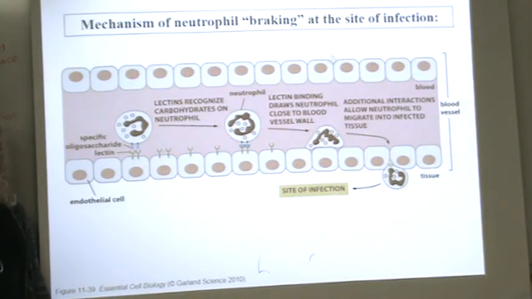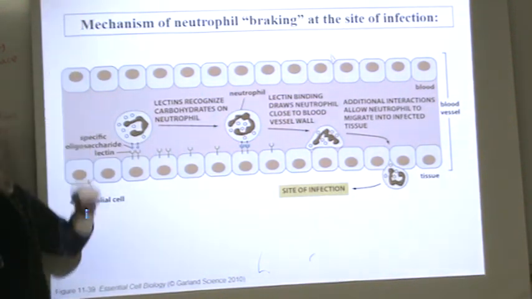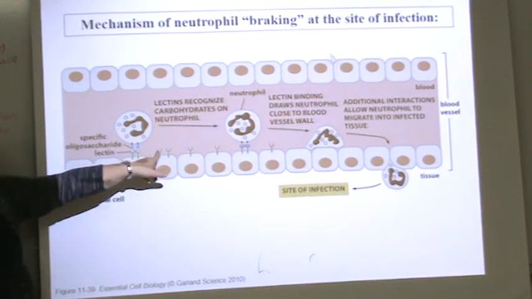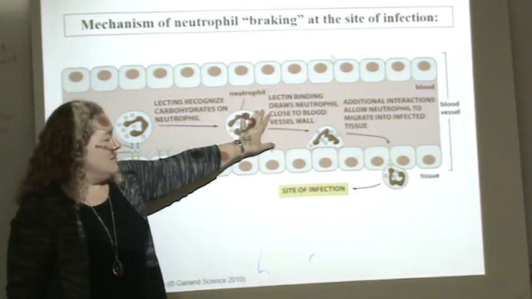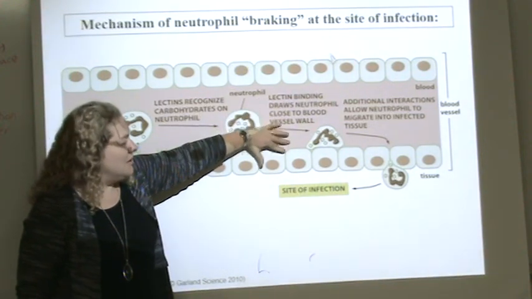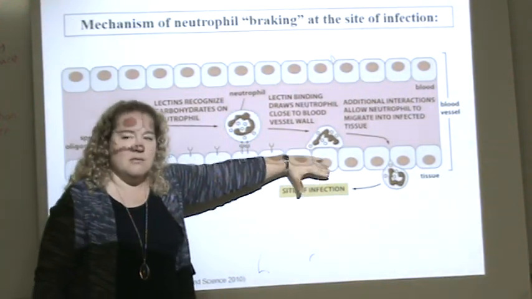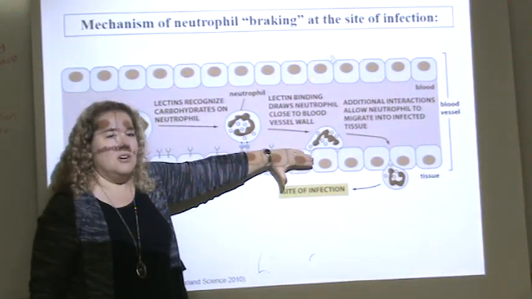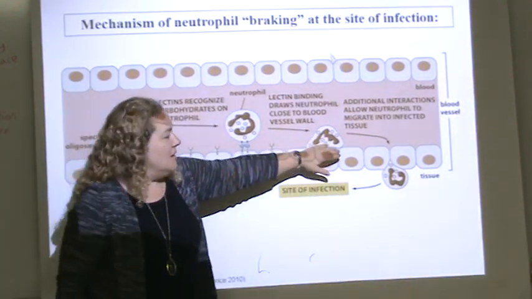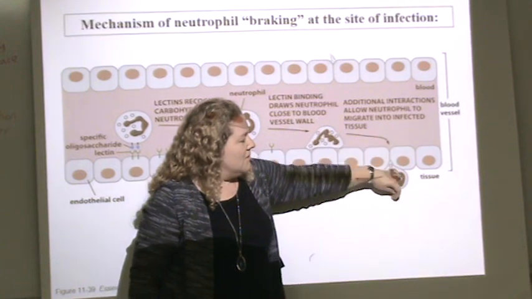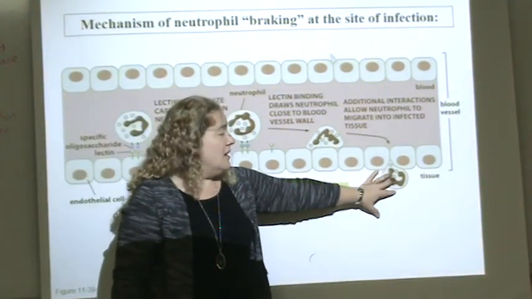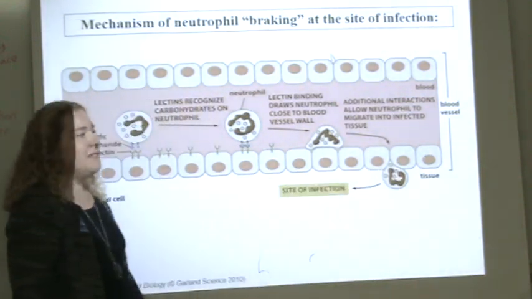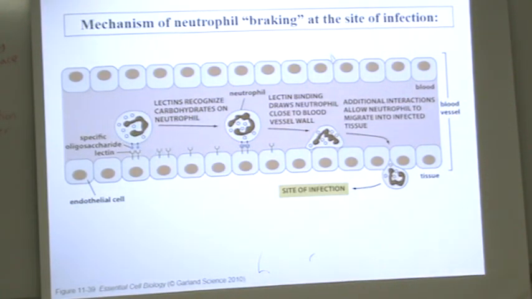When you see the proteins stretching up, it's the lectins binding here. It slows down. What they don't show is it forms some new attachments here and it crawls. It crawls instead of floats. And then it's going to squish through this cell layer. It's amazing. And then it goes in here and it starts literally chemically fighting infection, which is awesome. That's what that video is based on, that whole process.